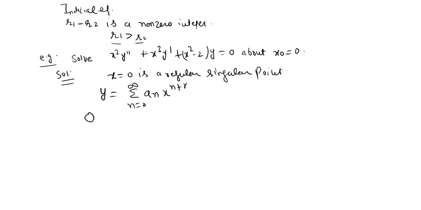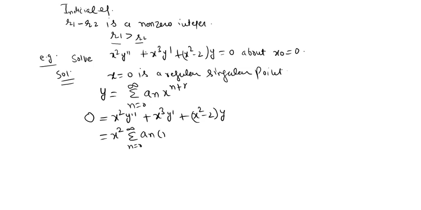So find all derivatives and plug them into the equation. Simplifying, x squared y double prime gives the sum of (n plus r)(n plus r minus 1) a_n x^(n+r), and here I adjust the x squared.